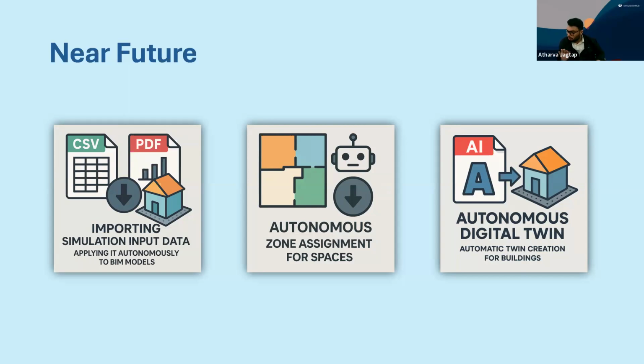So we have to map our data and then put it into the simulations, and all this manual work is very time consuming and takes lots of effort. So where generative AI comes into the picture, all these repetitive tasks can be eliminated just by clicks and prompts. So these are the three things we are actively working on.